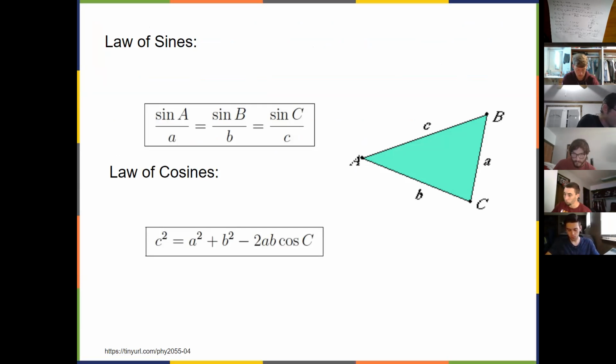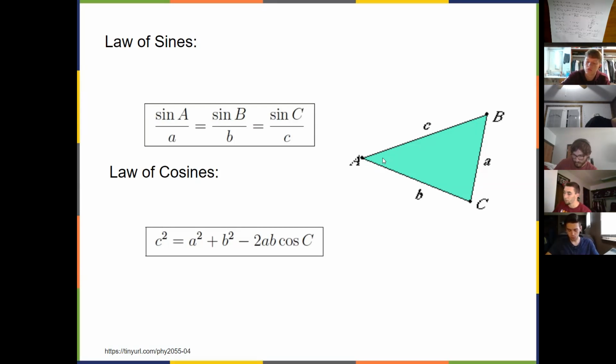Law of sines refers to a triangle ABC. The angle that is attached to point A is called angle A, and then angle B here, and angle C here. The lowercase a, b, c mean the lengths of the sides.